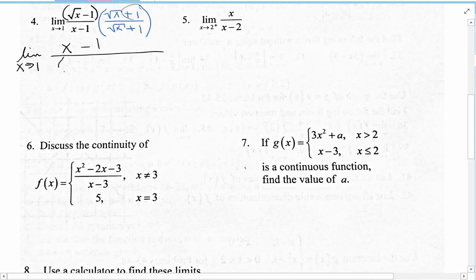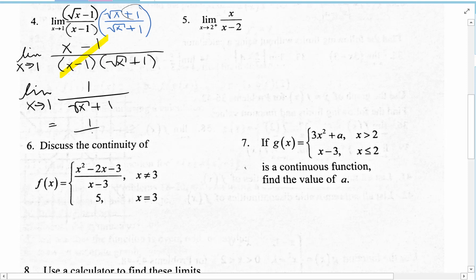We also have this binomial x minus 1 in the denominator and root x plus 1. I'm not going to distribute because looky here, that reduced. So 1 over root x plus 1. Now I can direct substitute and I get 1 over root 1 plus 1, which is 1/2.